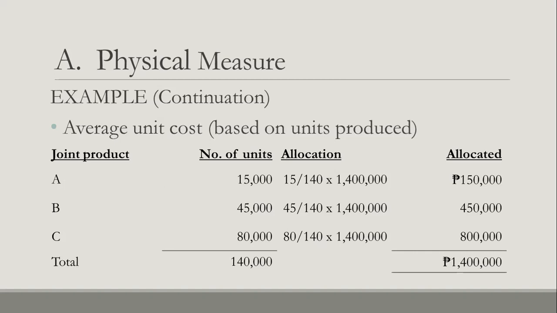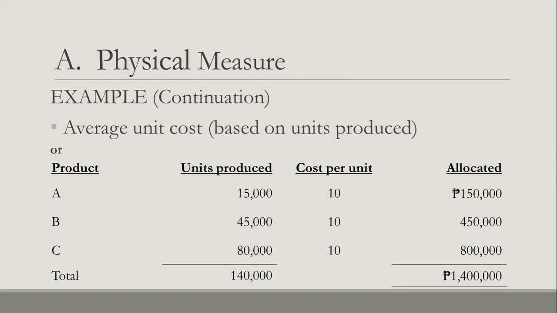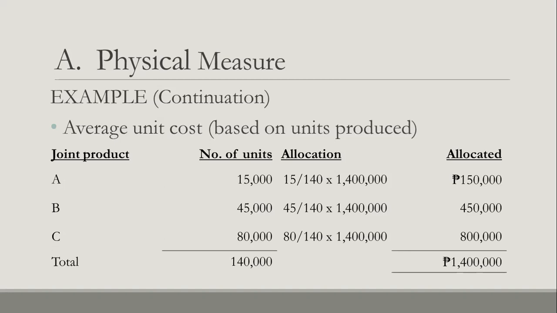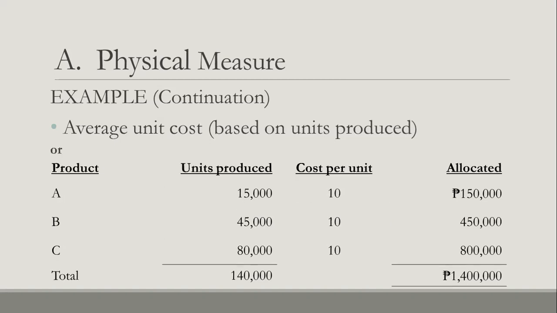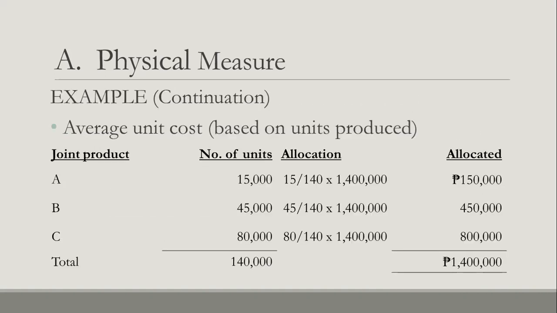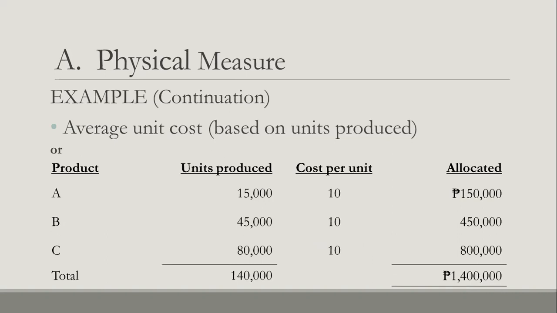So that is your allocation of joint cost for average unit cost. Sorry, there's another way of computing the allocation of the joint product cost. What you have to do is get the cost per unit. How do you get the cost per unit? You divide the joint cost by the total units produced.